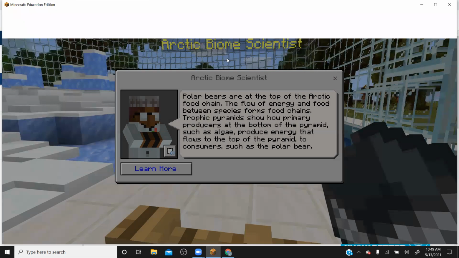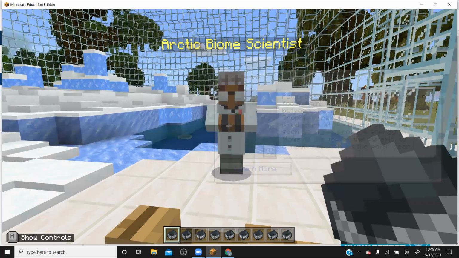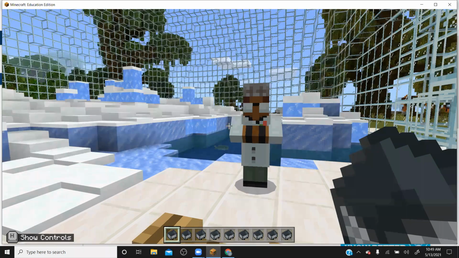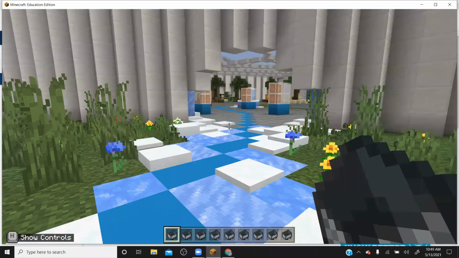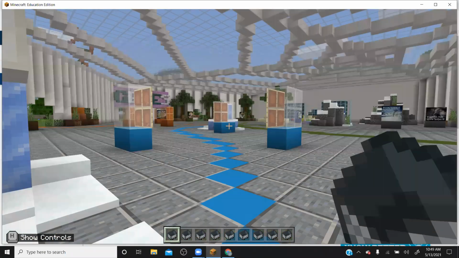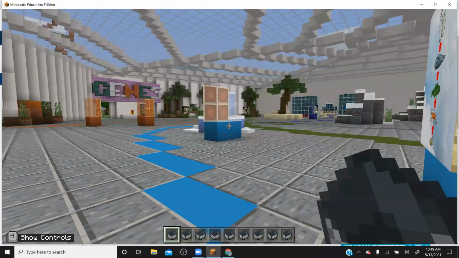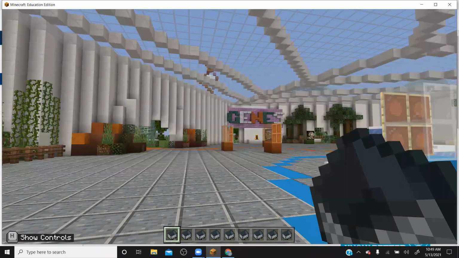And they've got a really neat graphic out here we're going to look at that helps you understand what they're talking about with those producers and those consumers. As we come out of this area, we can see what they're talking about here.